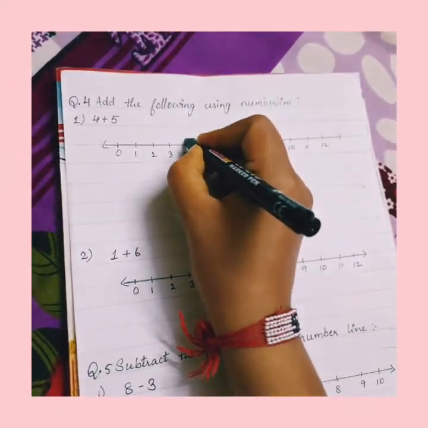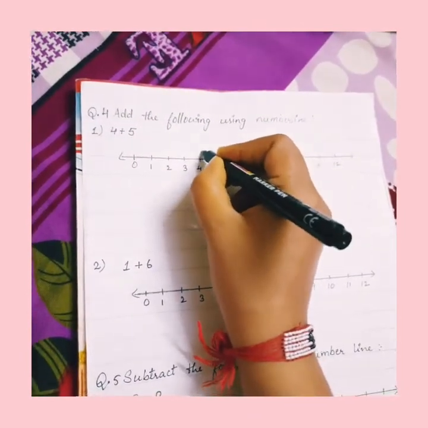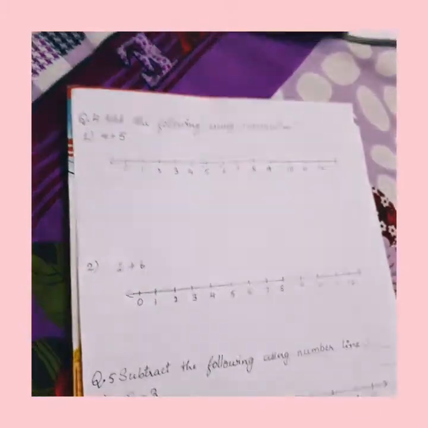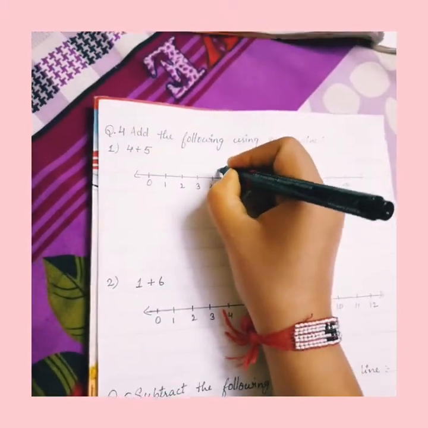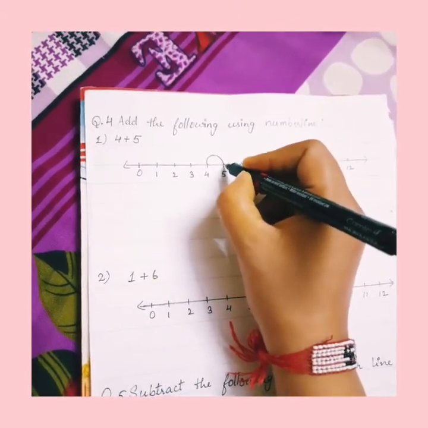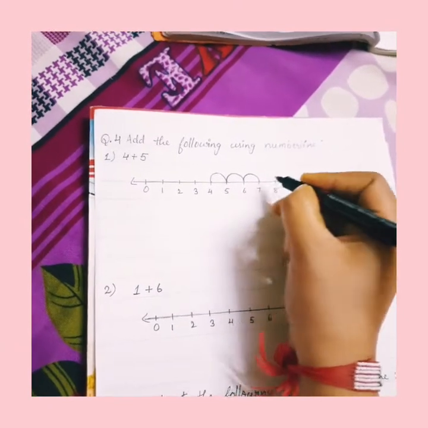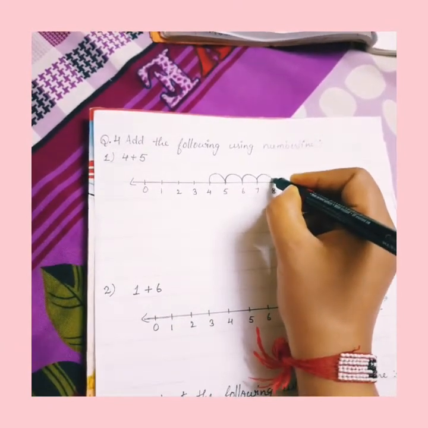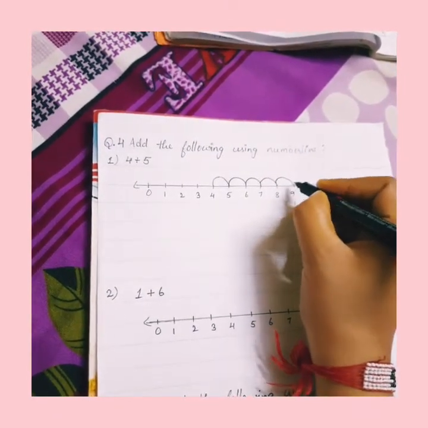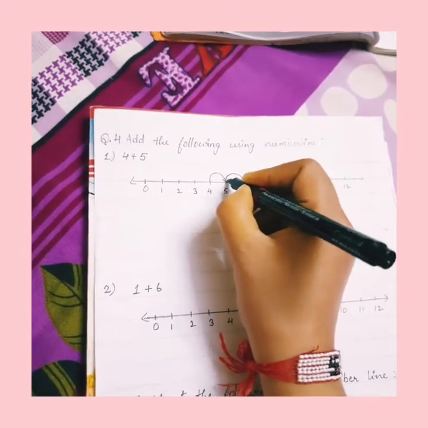So from 4 to 5, 1 step, then 5 to 6 another step, 6 to 7 third step, 7 to 8 fourth, and then 8 to 9 will be the fifth step. Like this you have to show.